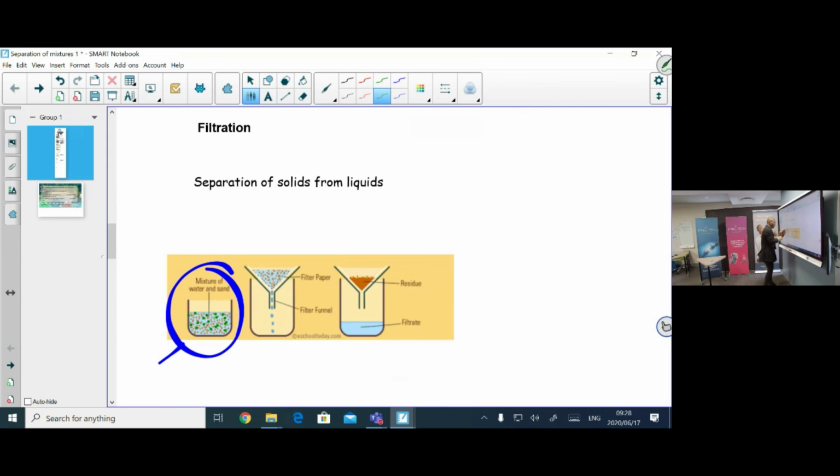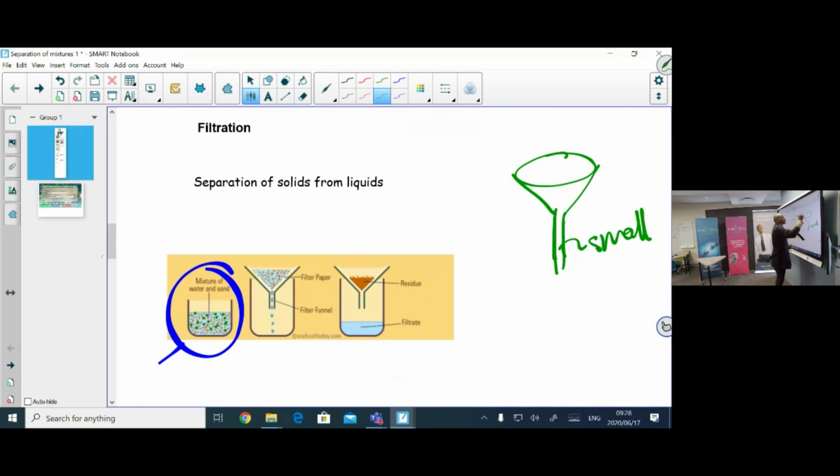A funnel is a glass that has a tube like that, and it is very small in diameter here.